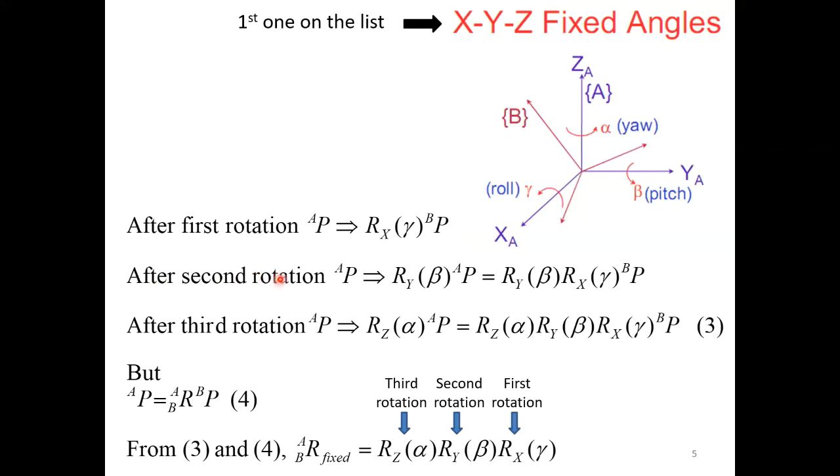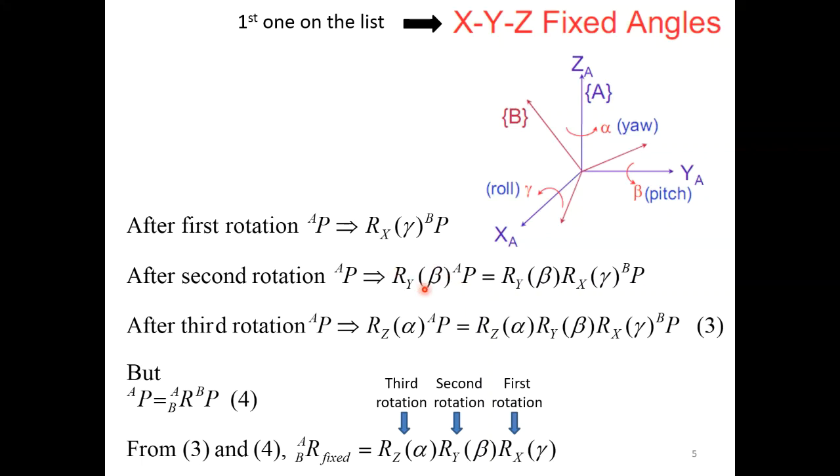Then you have the second rotation. The second rotation is around the y-axis, the blue y-axis. Now, because it is with respect to blue y, you don't have two coordinate frames to relate it to. It's the same coordinate frame because the axis is the same. So it's just a rotation Ry, this time around y-axis by beta.